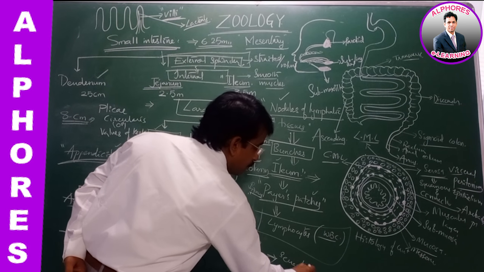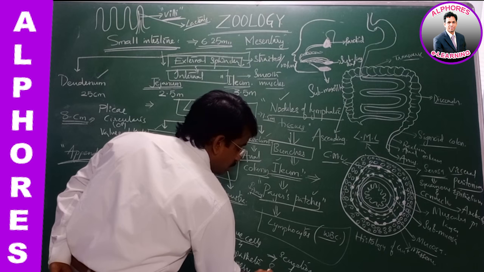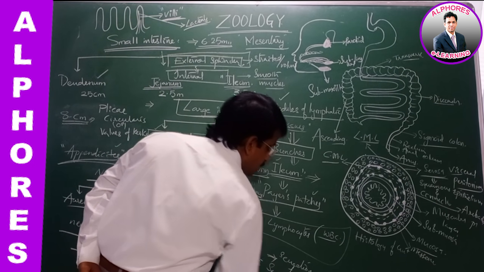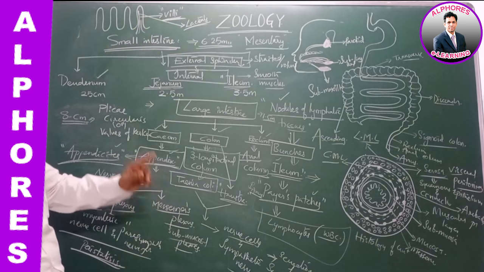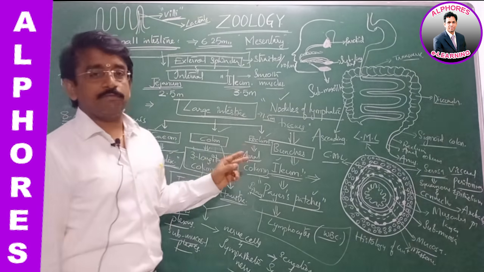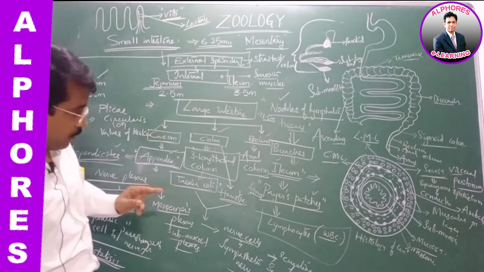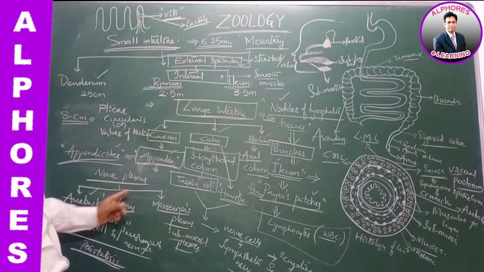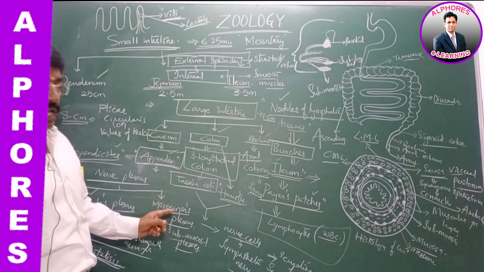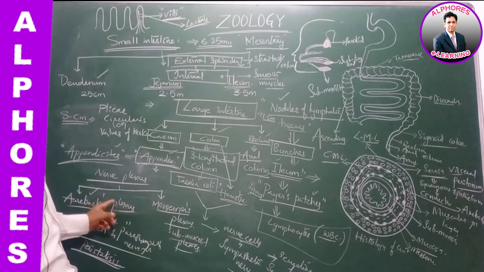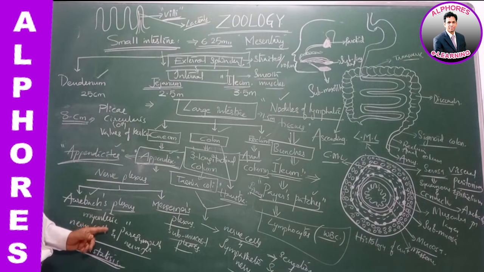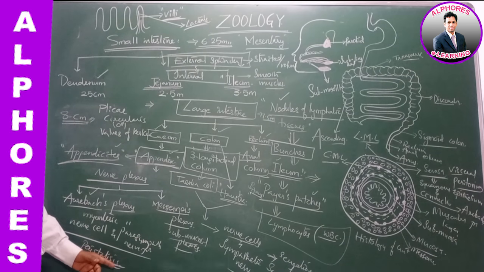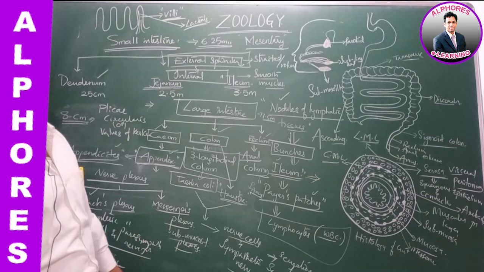secretion of intestinal juice, nothing but succus entericus. So the two types of networks seen along the gut are Auerbach's plexus and Meissner's plexus. Auerbach's plexus is the myenteric plexus, which is the combination of nerve cells and parasympathetic nerve fibers, which exhibit the peristalsis movement.